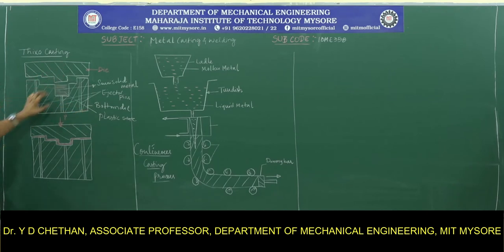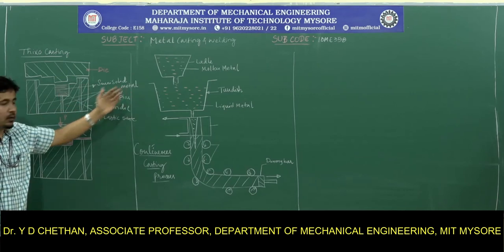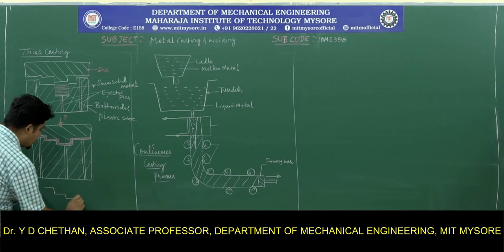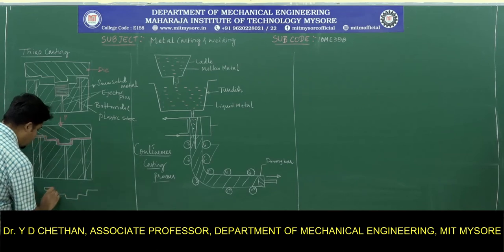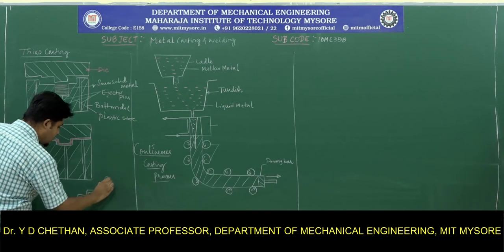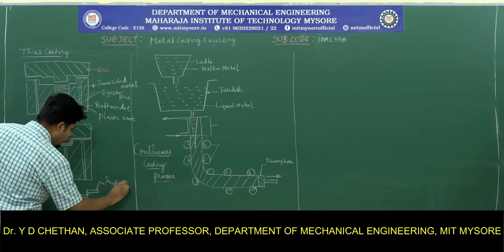These are the ejectors, and this is the mold cavity, for which you can have the plastic state material or semi-solid metal. If you apply appropriate pressure, this semi-solid metal takes the shape of the cavity. That would result in a product like this. This is the product you would get through this process.